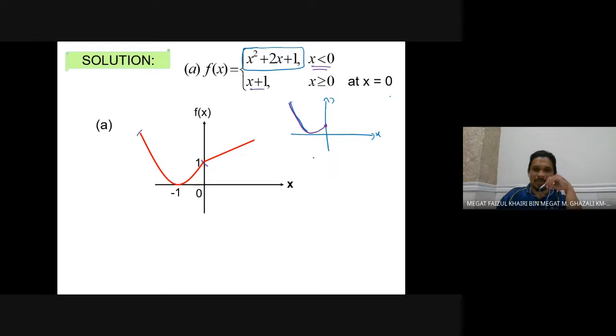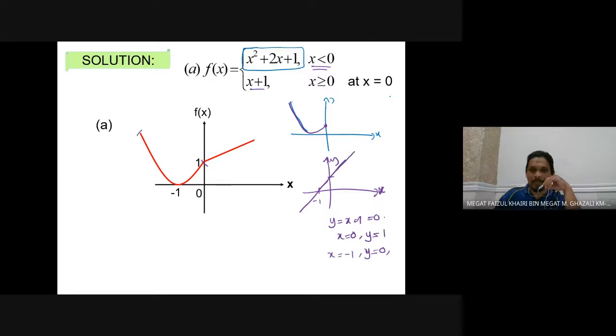And for x plus 1, so y equal to x plus 1. When x equal to 0, y equal to 1. And when y equal to 0, x equal to negative 1. So 0 and 1 here, and negative 1, 0 here. So this is the graph.